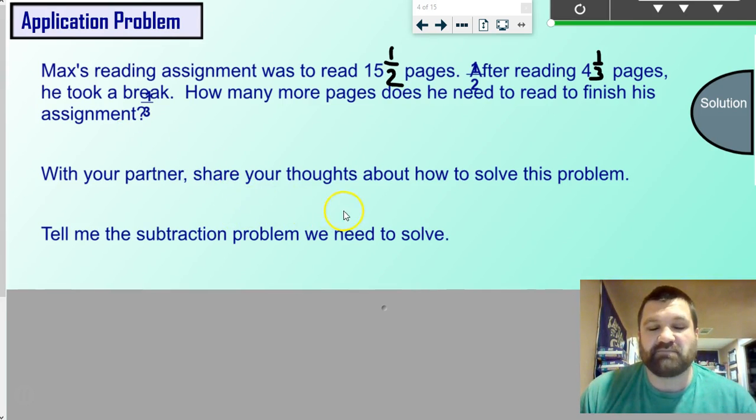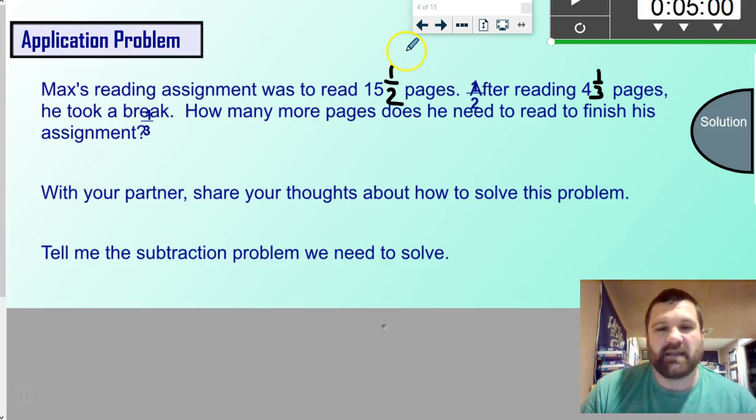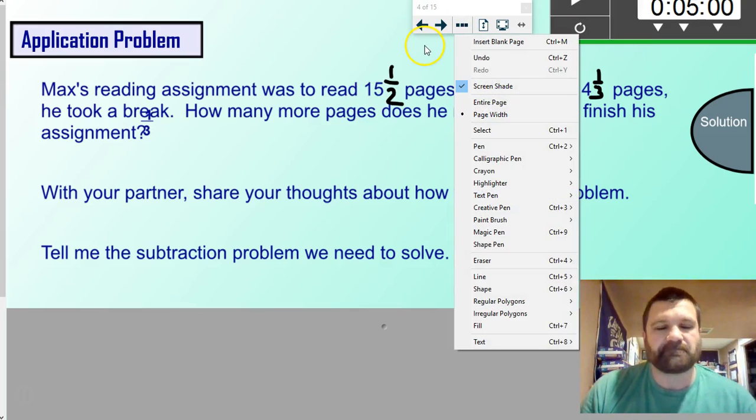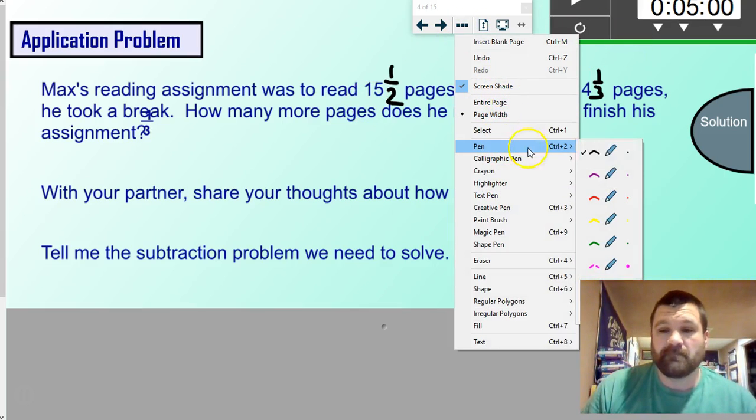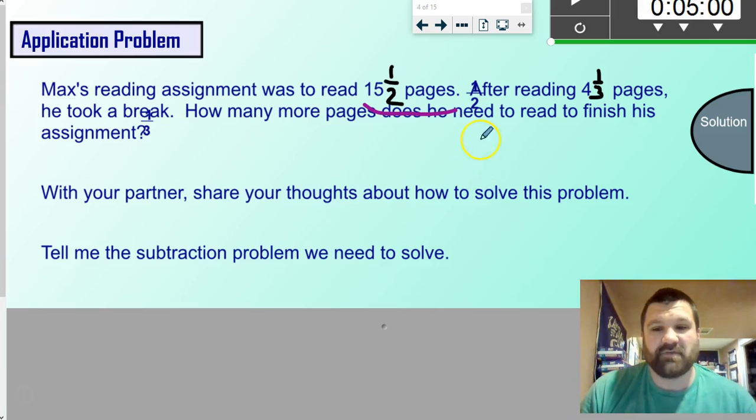Okay, so what is a subtraction problem we need to solve? We know we're taking away. So let's look at it. So we have 15 and a half pages, right?